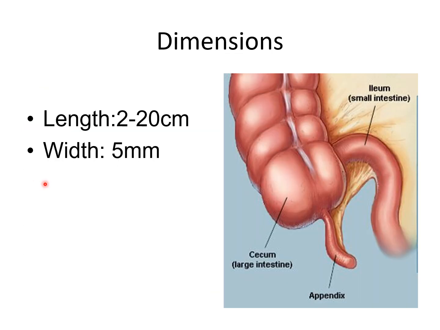The length of the appendix varies from 2 to 20 cm with an average of 9 cm and the lumen diameter is usually 5 mm and in children both the length as well as the width will be more than the adult.